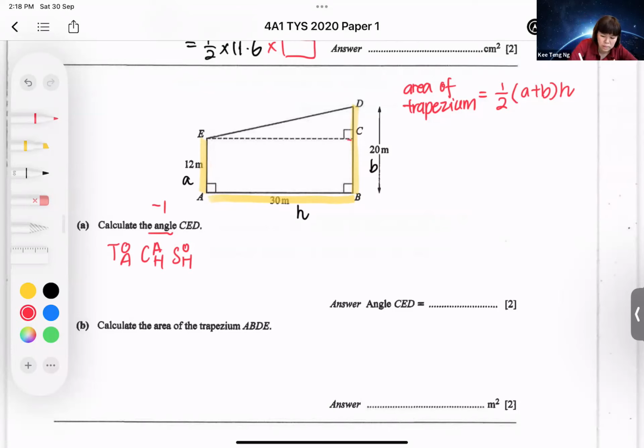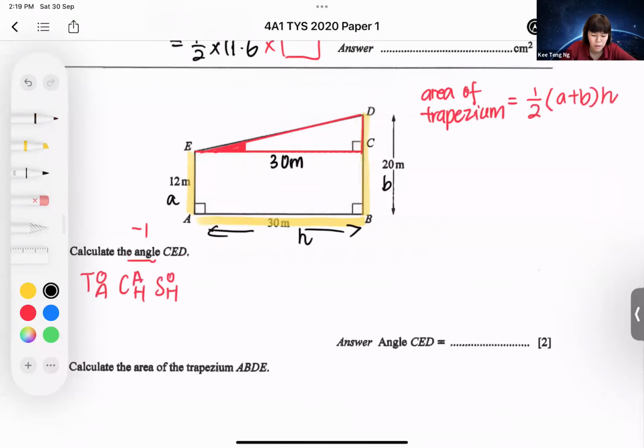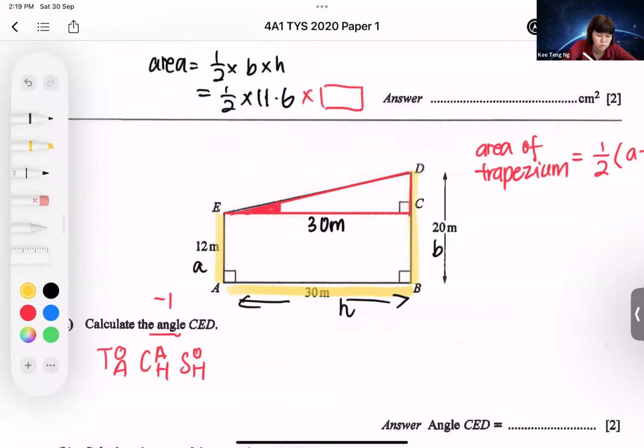Since they want CED, we can use this triangle that we have, and I want to find angle CED. So firstly, let us find some numbers that I can use. What numbers do we have? I know this length over here is 30 meters, so this part will also be 30 meters. Then what else do I know? I know this length.